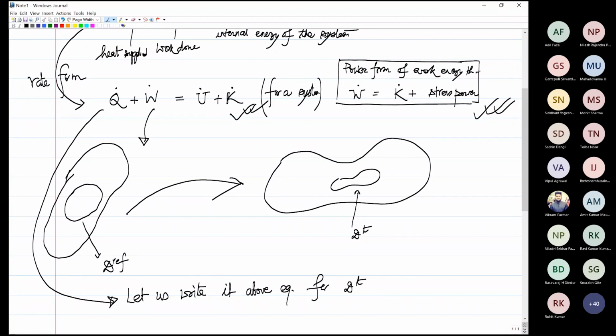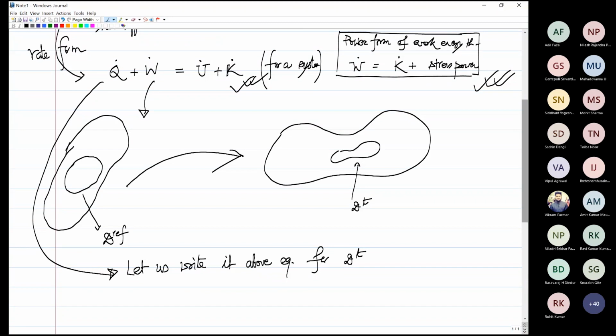Manoj asked what the convention is for positive W here. Positive W is force F dot v, or F dot displacement. If that is positive, then W is positive. Suppose we have a body and you are applying a force F at a point, and this point will undergo some displacement, let's say delta.